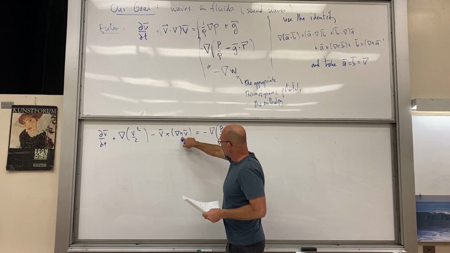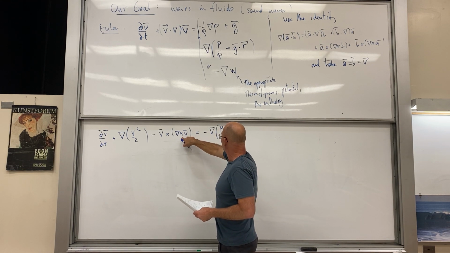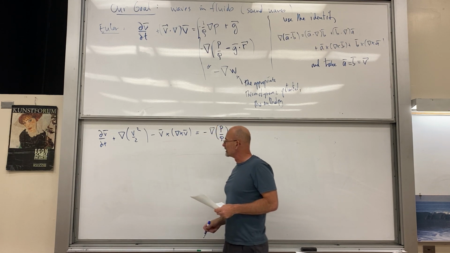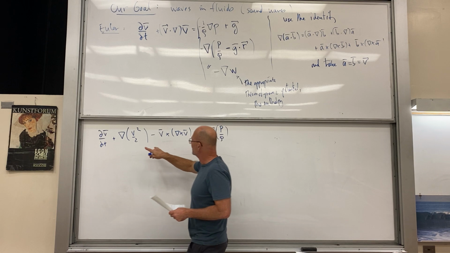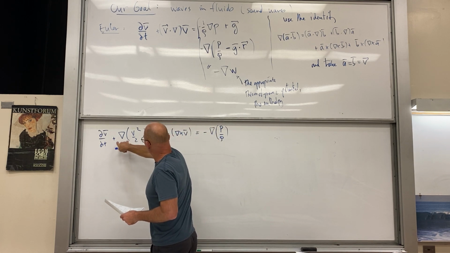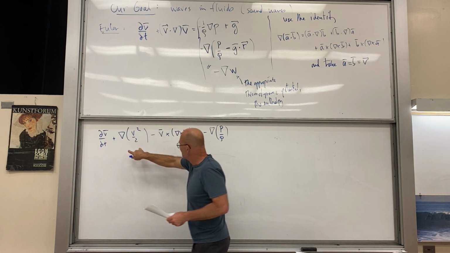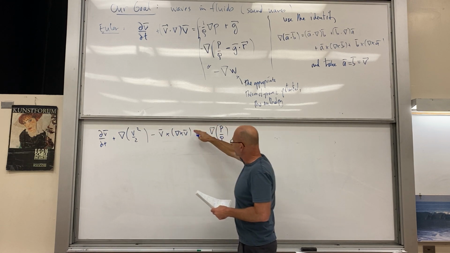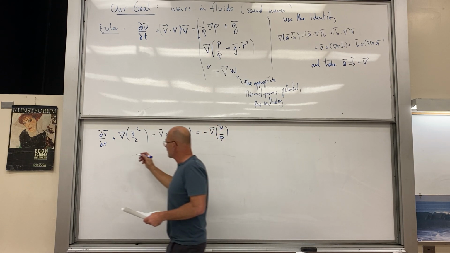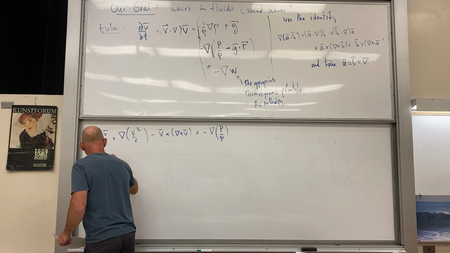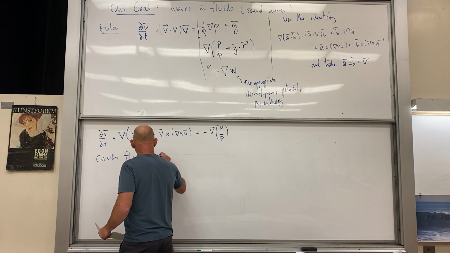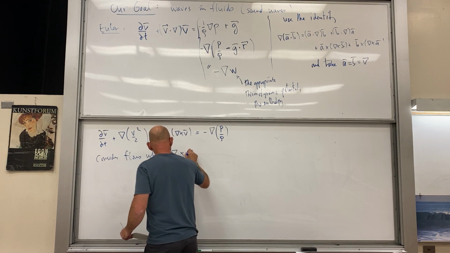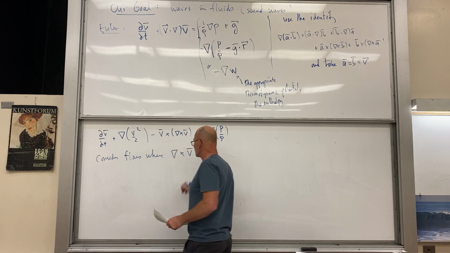So if the curl of V is 0, we have a simplification here, because then we would have dv/dt plus these remaining things. So let's consider flows where the curl of V is equal to 0.